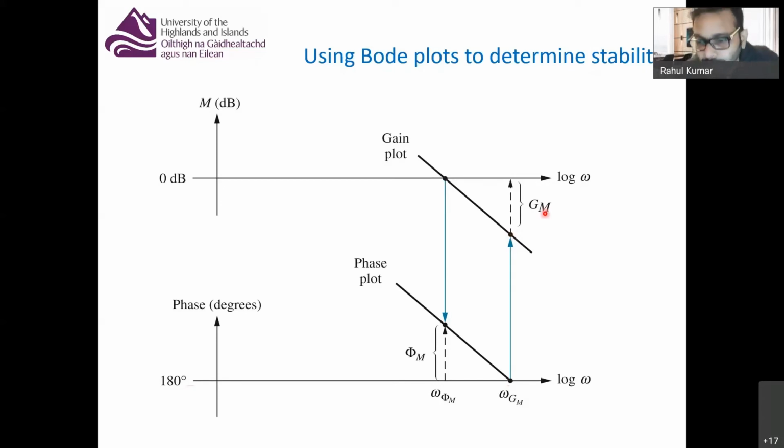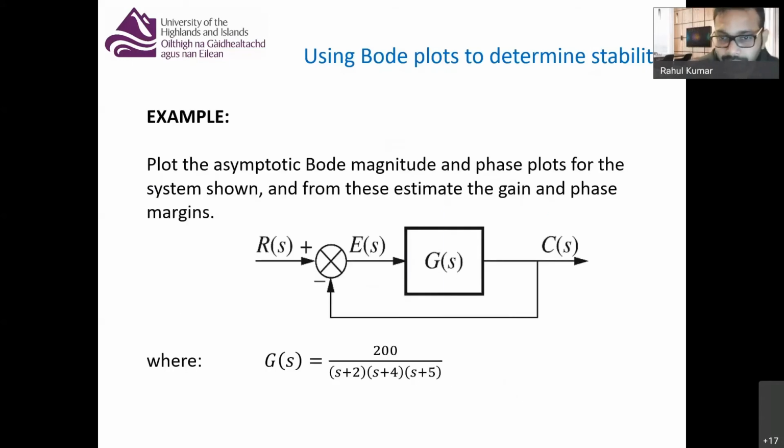Okay. Now let's take an example here very quickly. In this we are given a unity gain feedback system, and its transfer function is given. First of all we have to plot the magnitude and the phase plot for the Bode plot and estimate the gain and the phase margin.